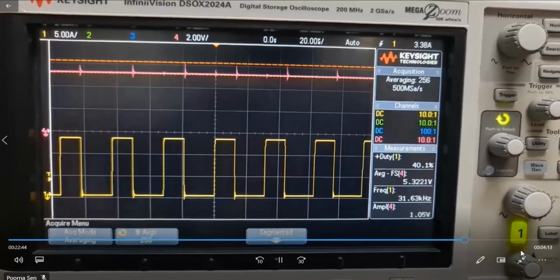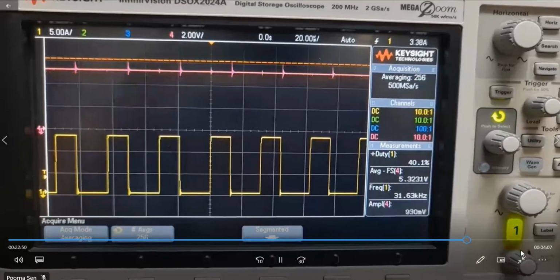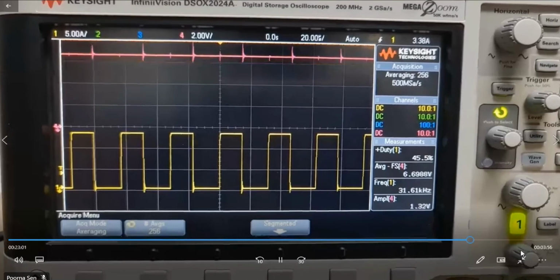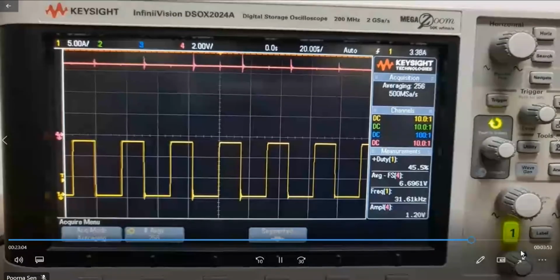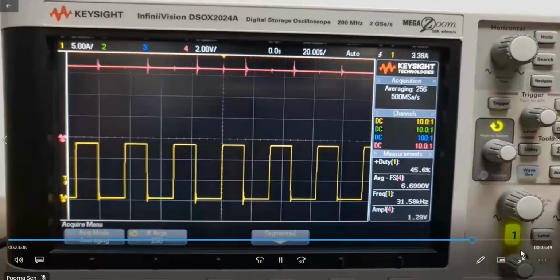Duty ratio is 40.1%. Output voltage is 5.316 volts and load current 270 milliampere. Duty ratio 45.5%. Output voltage is 6.694 volts and load current 340 milliampere.